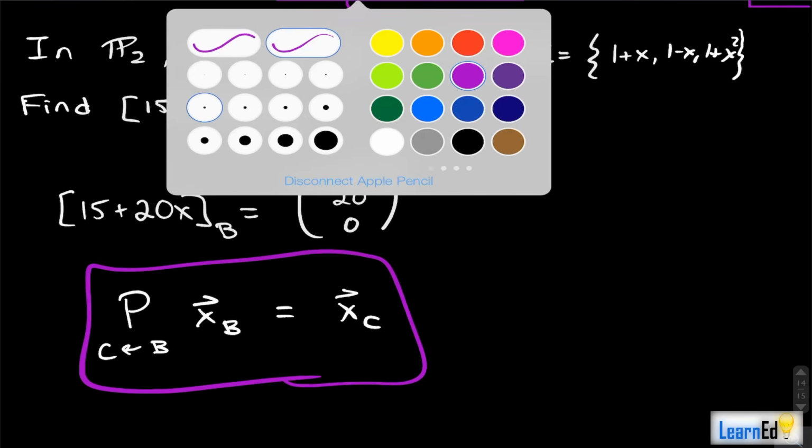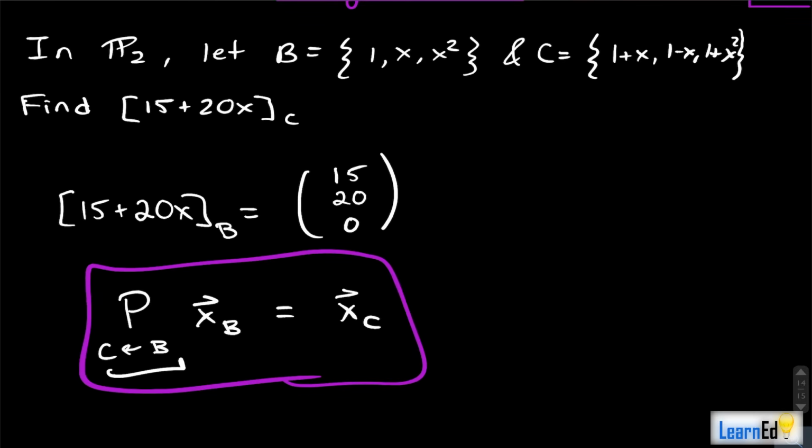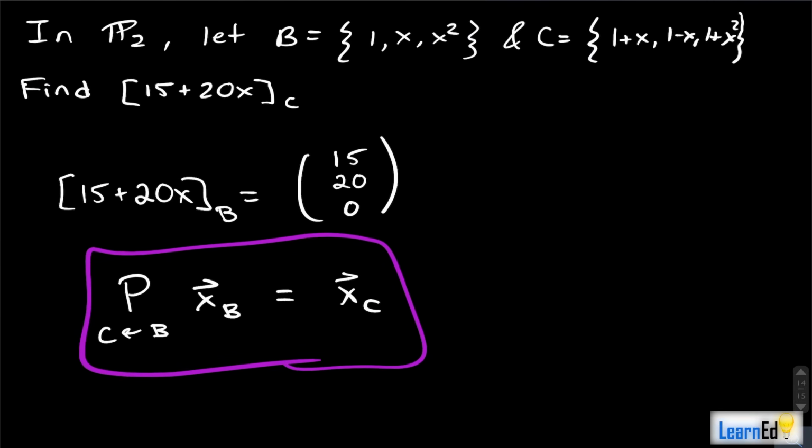Now, we need to find this change of coordinates matrix, which is probably the hardest part of the problem. How do you actually go about doing that? Well, all you have to do is just have a matrix.